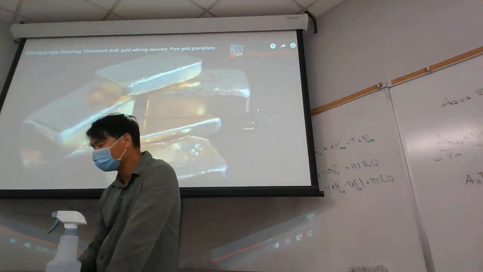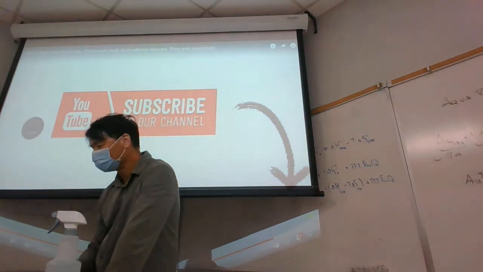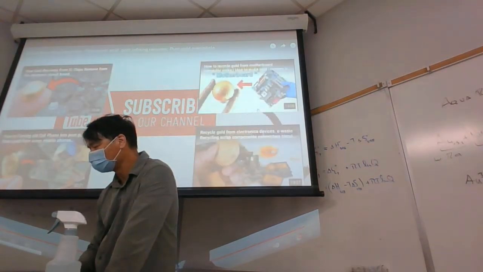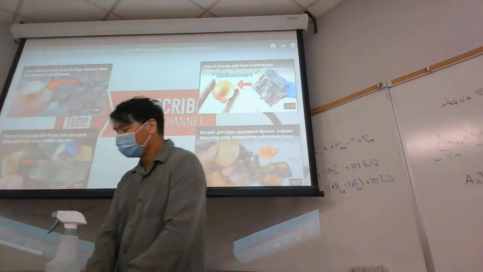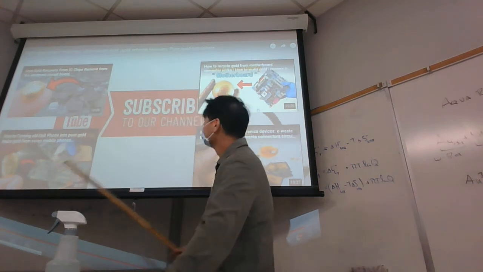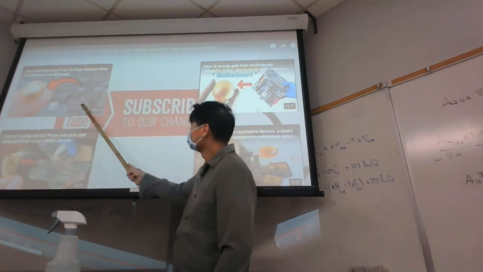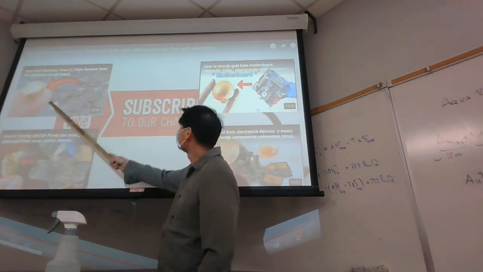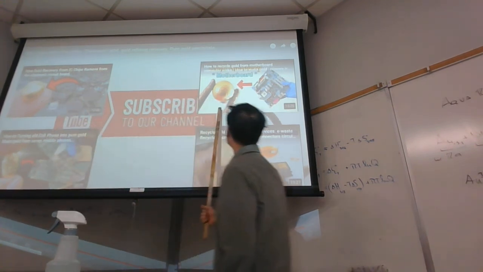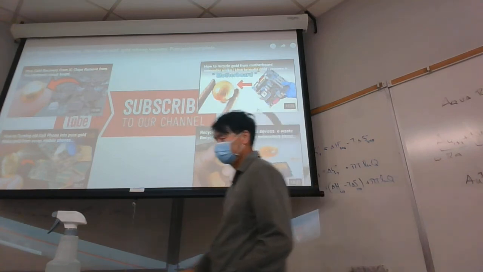I don't know what the purity is there. But yeah, I think this is one of these where they just take it from the circuit board. And actually, that's a lot of gold there.